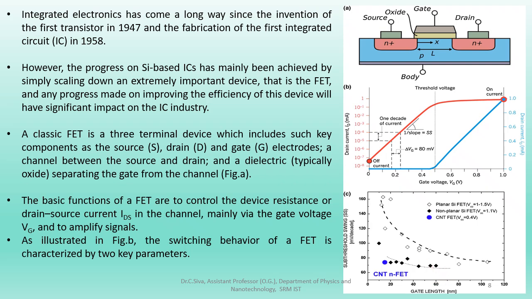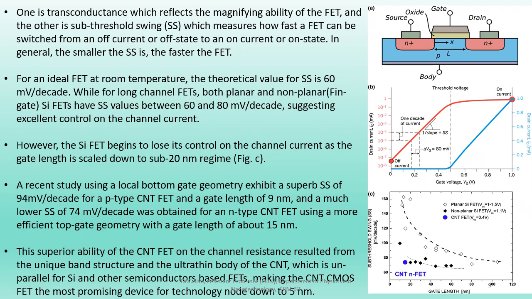History of CNT FETs and Schottky barrier devices. The first CNT FETs were made with backgate structures. Unlike silicon, CNTs are naturally intrinsic and cannot be reliably doped.